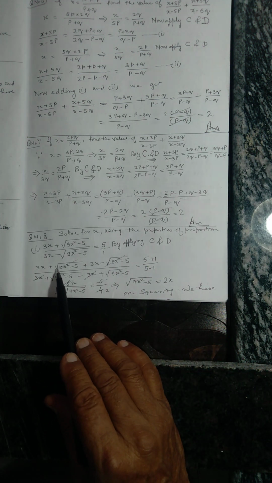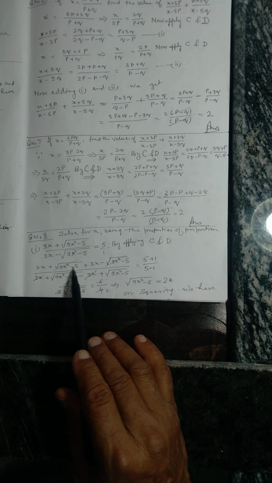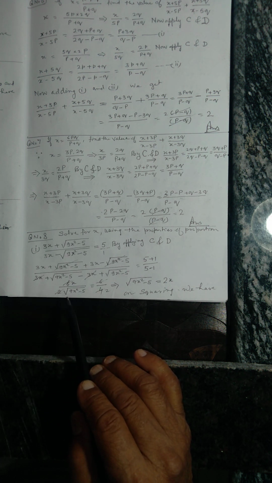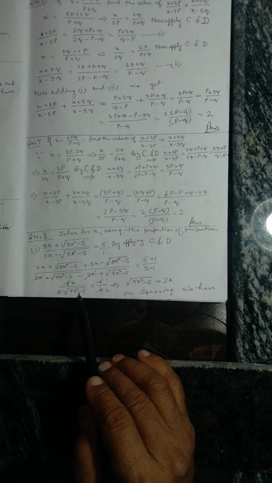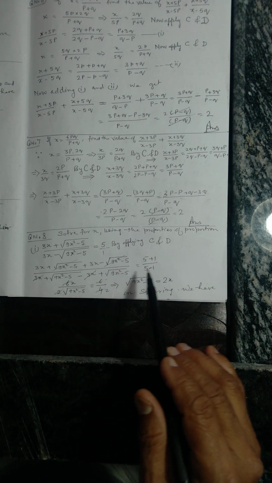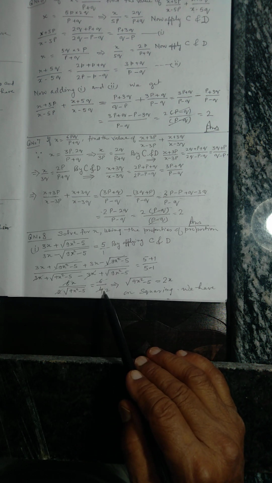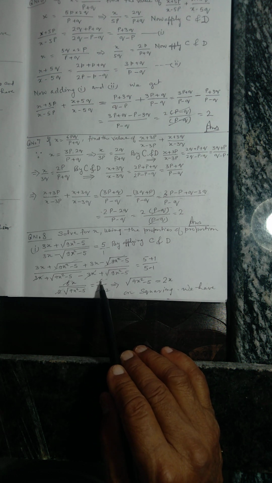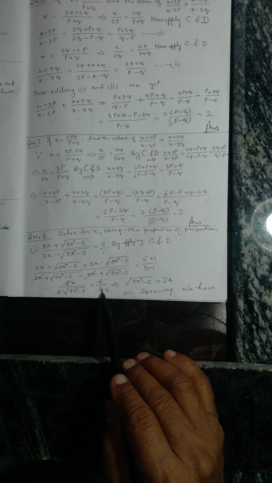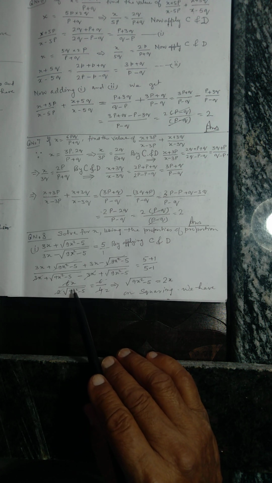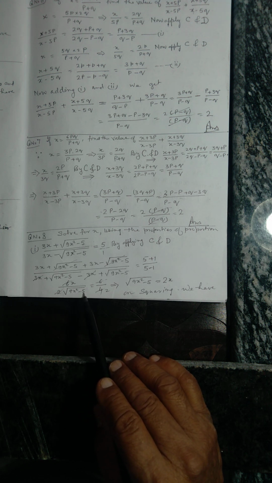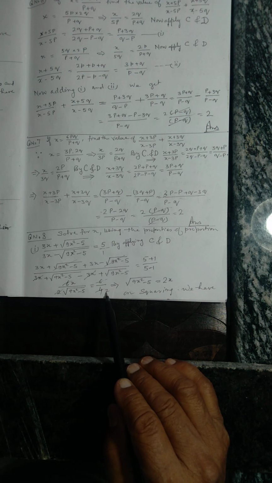So solve it. You will see this plus sign and this minus sign will cancel, and we are left with 3x plus 3x, 6x, whole divided by twice root of 9x square minus 5, and it will be equal to 6 by 4. This 6 and this 6 will be cancelled, and 2 will cancel the 4 by 2. So we are left with x upon root of 9x square minus 5 is equal to 1 by 2.